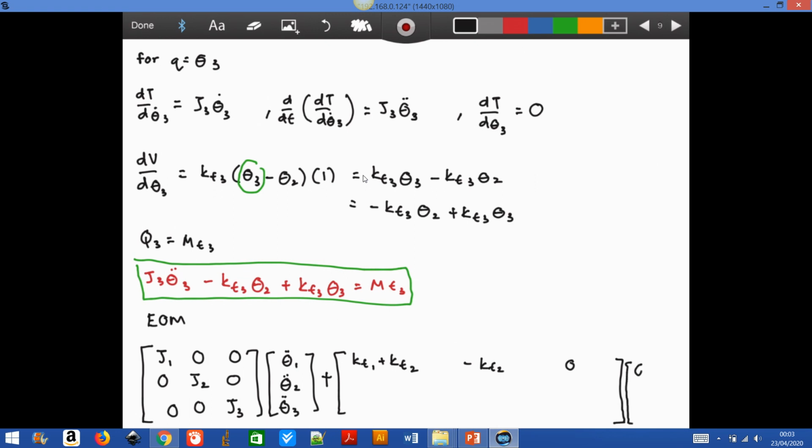This one would be theta 1, theta 2, theta 3 equals to Mt1.